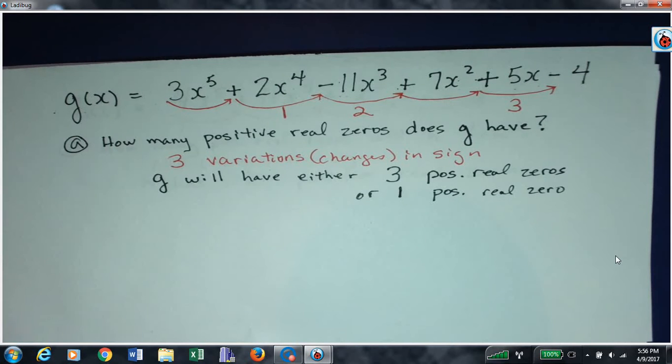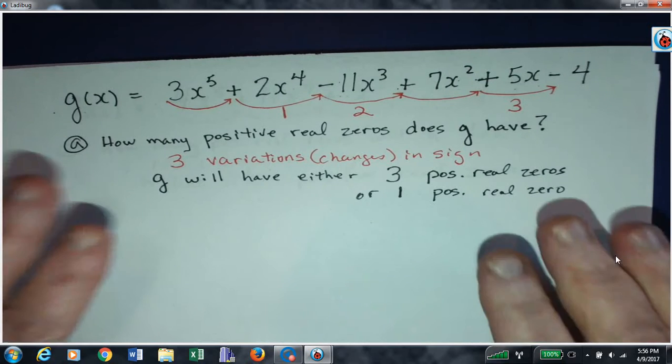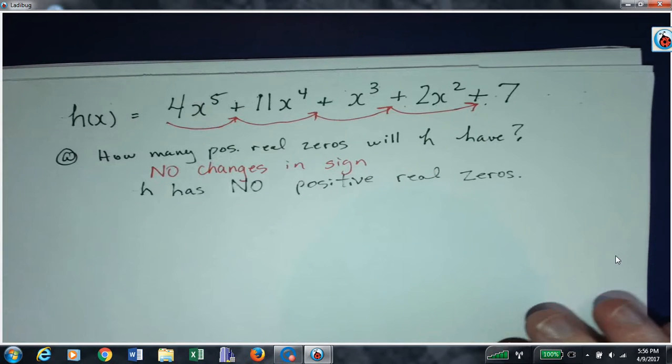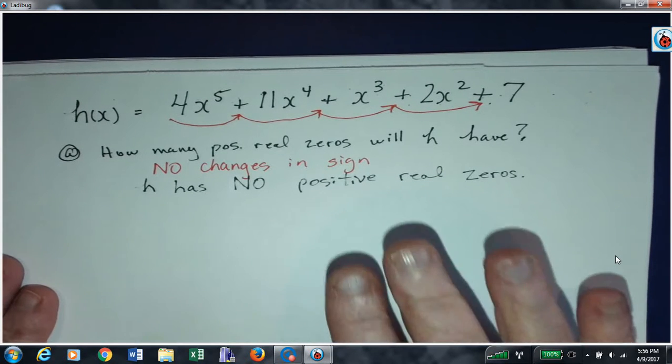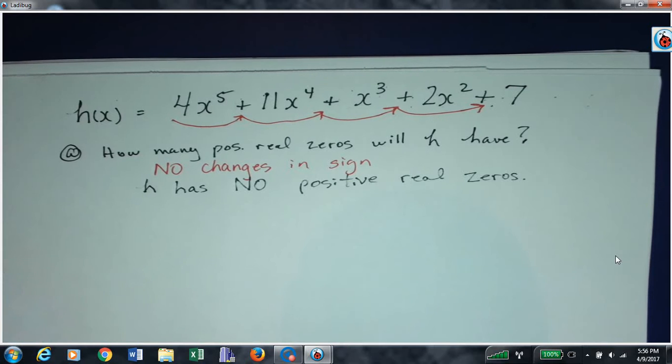So you know to look in your list, definitely check for the positive ones. And if you find 2 positive real zeros, you know there's going to be 1 more. So that is helpful. And then here, this would be the most helpful because we can eliminate any possibilities in our rational zeros theorem list of the positive ones.